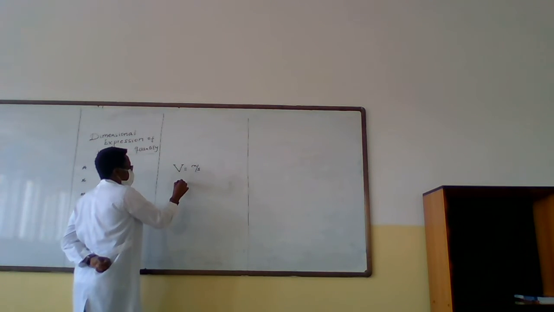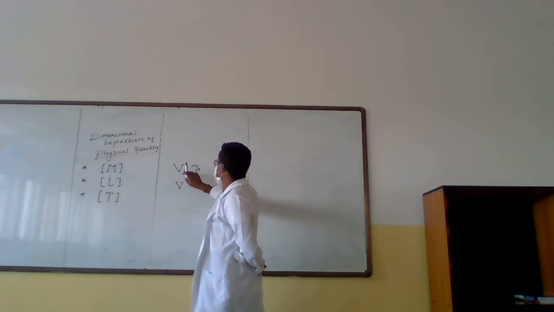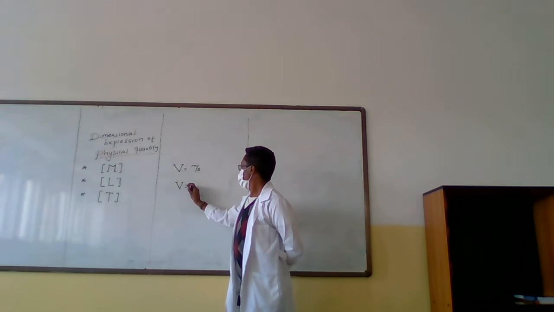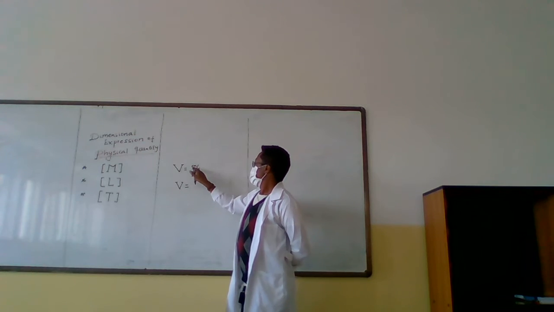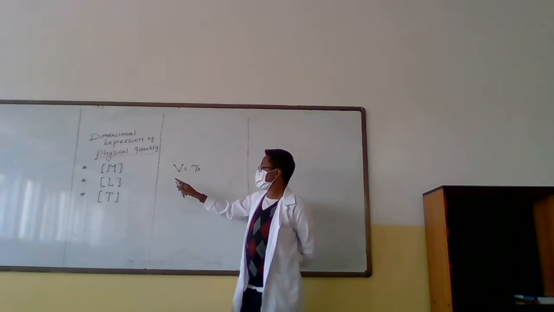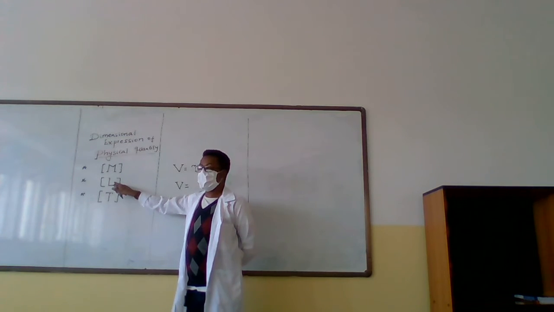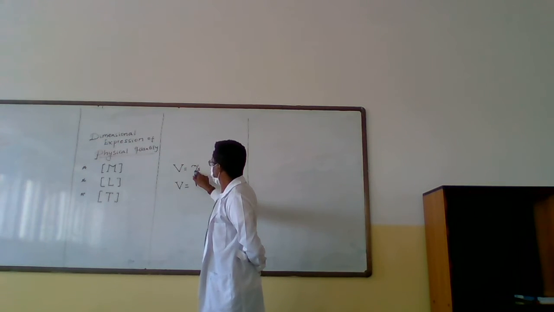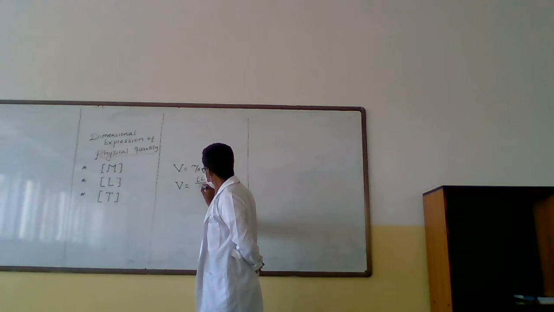But any unit of length is expressed as L. Meter is a unit of length, so we can express it dimensionally using L. So we have L over capital T, right?